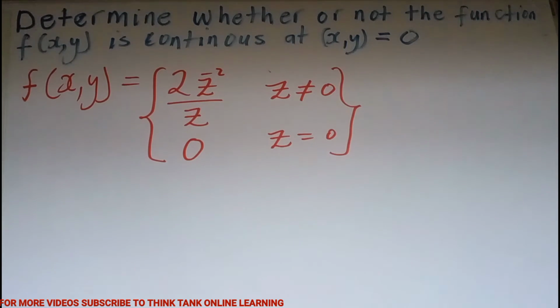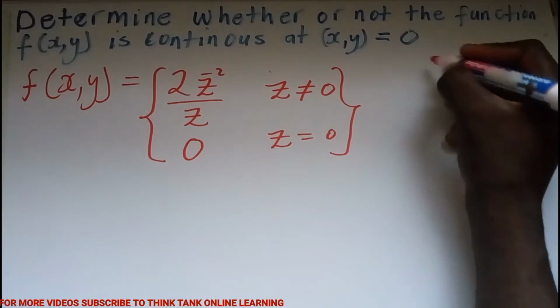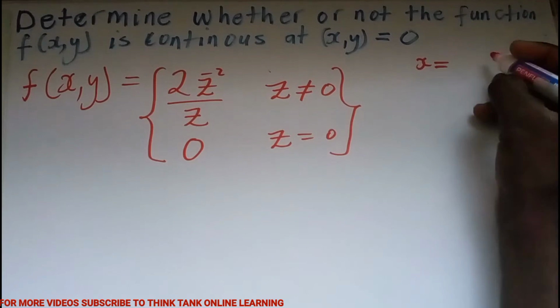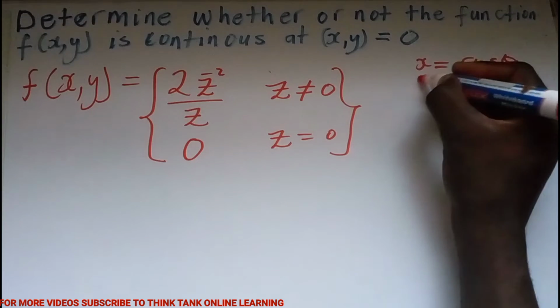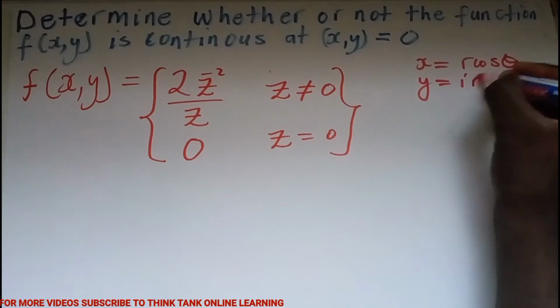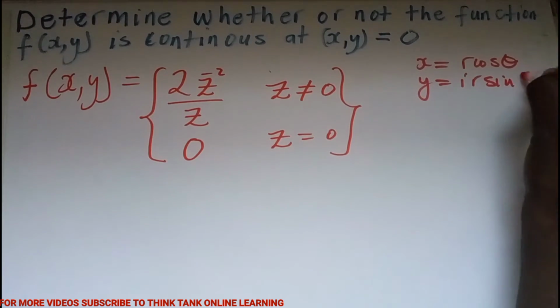But you should keep in mind that y is no longer r sine theta, but it's now i r sine theta. So I'm going to say x equals r cos theta, y equals i r sine theta.